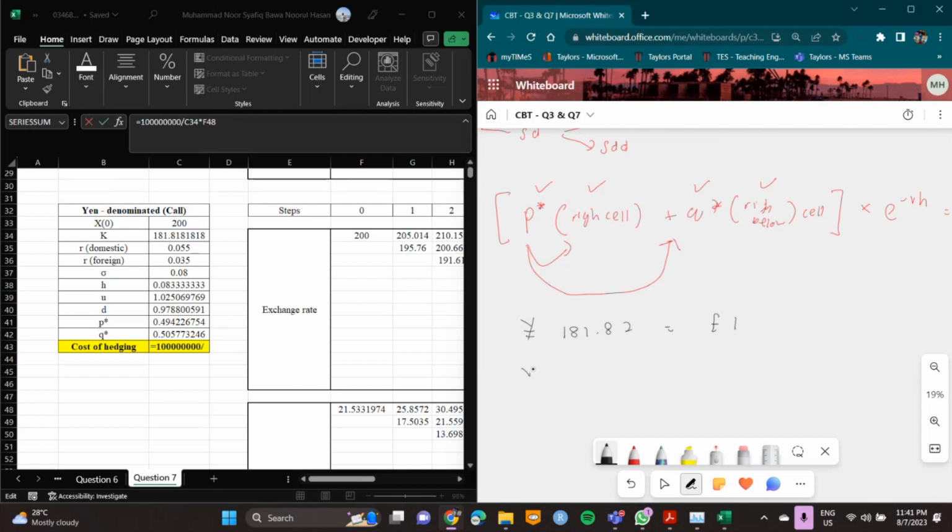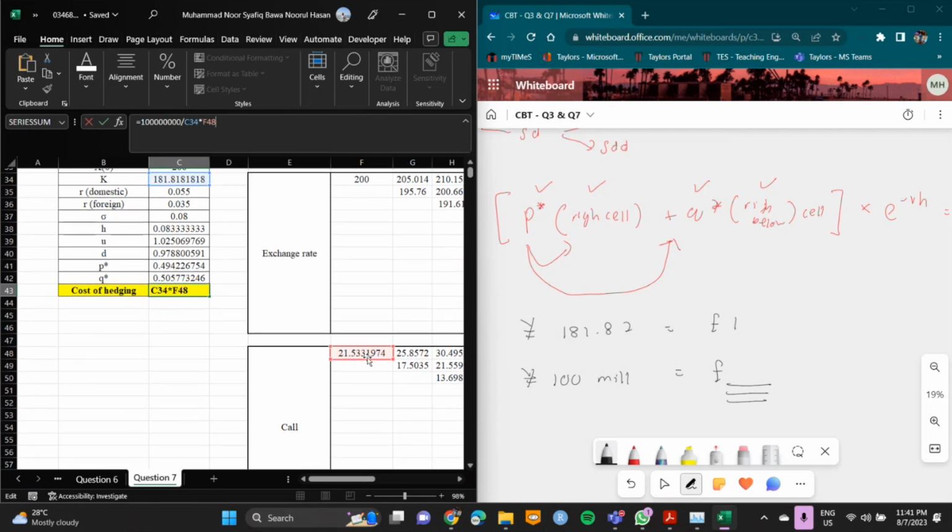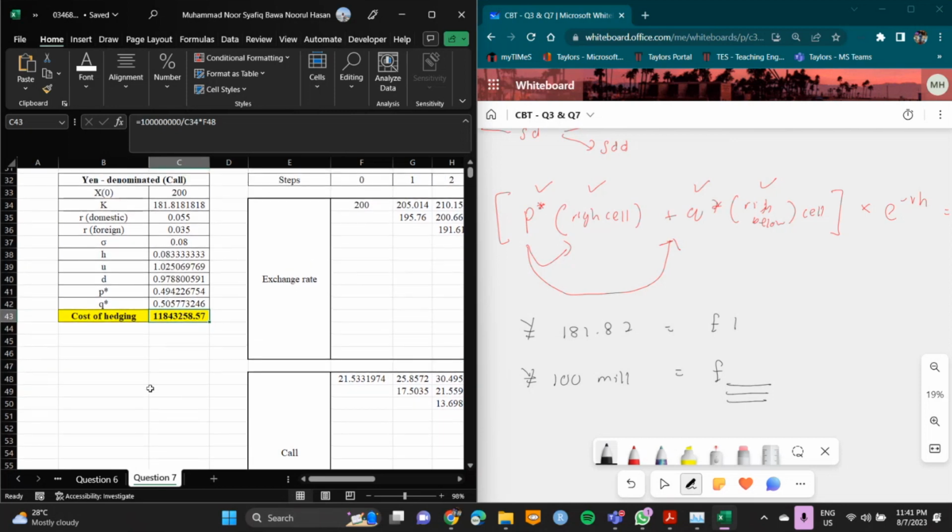So now our yen that we have is 100 million. So in order to get the cost of hedging in form of euro, you have to divide the 100 million yen by the value of K, then only you times with the price of call at time 0. So you will get this cost of hedging for yen denominated.